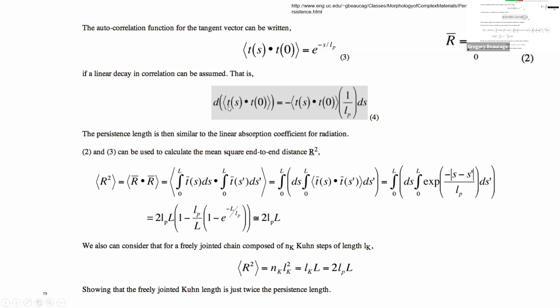You're saying the linear change in this correlation is proportional to how correlated it is. The more correlated it is, the bigger the change with the step length along the chain, the contour length. And the factor that relates to that, just like the absorption coefficient is 1 over the thickness, this thing also becomes 1 over length.